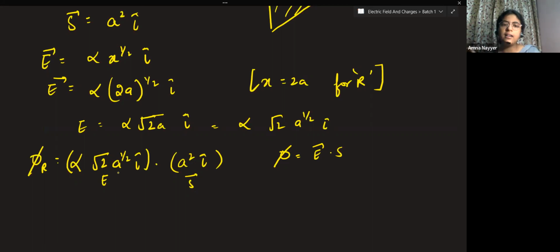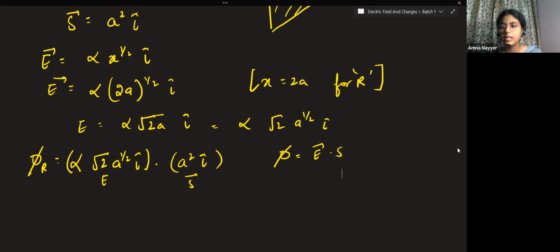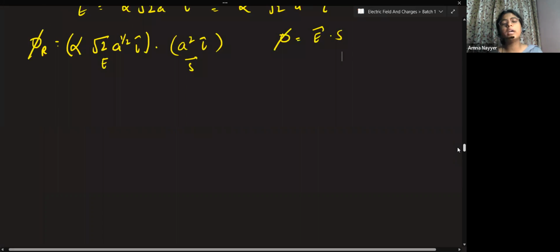So for the right hand side face, we have seen that x will be equal to 2a. So the electric field will be this. The surface area is already a square I cap. So flux will be this electric field multiplied by the surface area: a to the power half multiplied by a square. This will be phi r. Alpha is the constant.